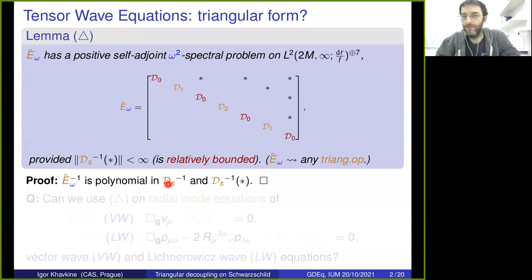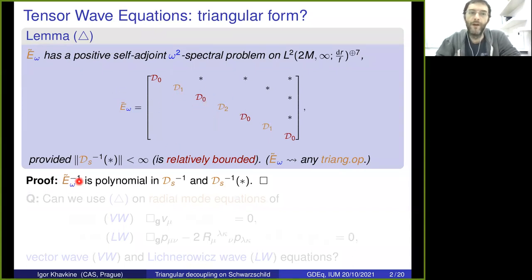Since the inverse of this upper triangular matrix is going to be polynomial in the diagonals, and the diagonal terms multiplied by the off-diagonal ones in this way, then if there is some value of omega or omega squared that appears in the spectrum of the diagonal operators, then it appears in the spectrum of this upper triangular operator and vice versa.